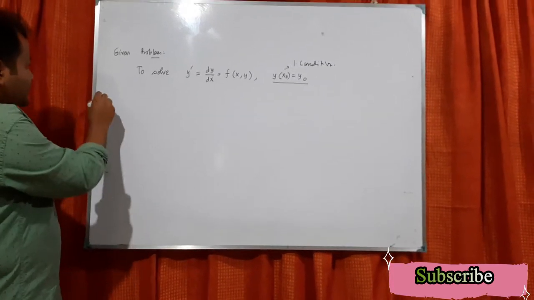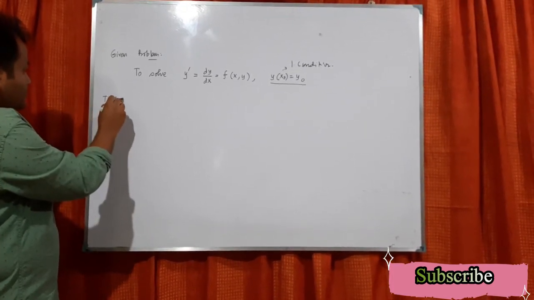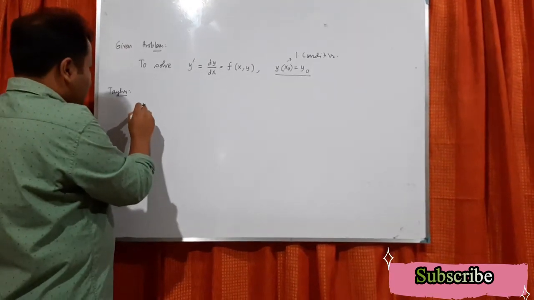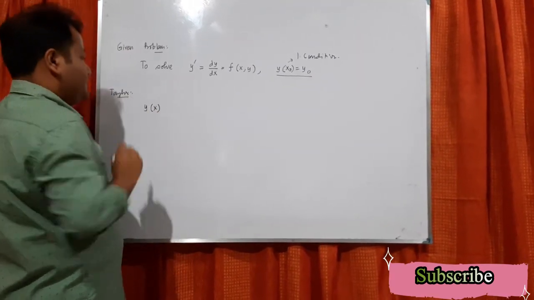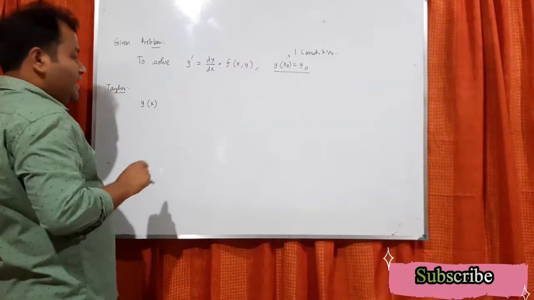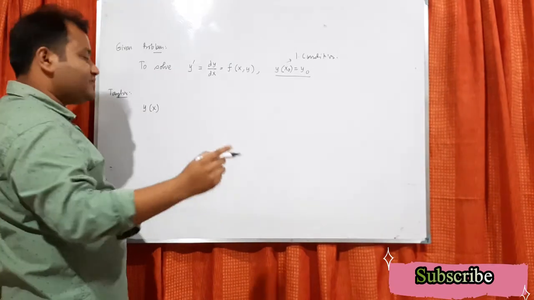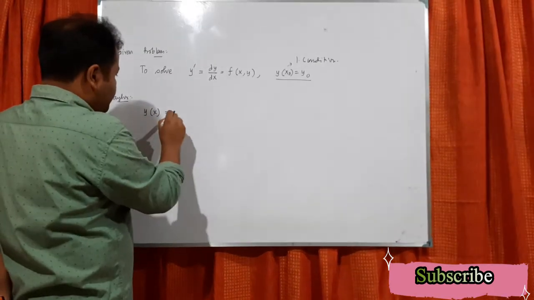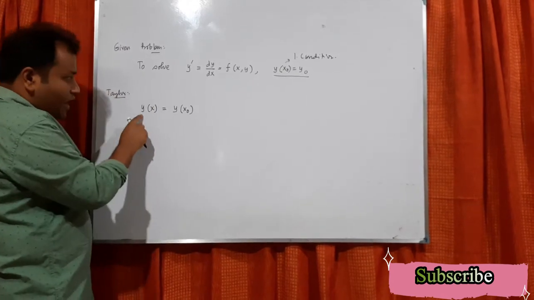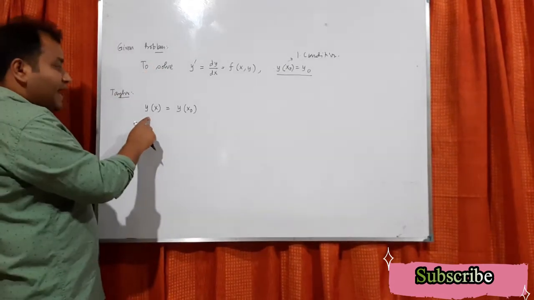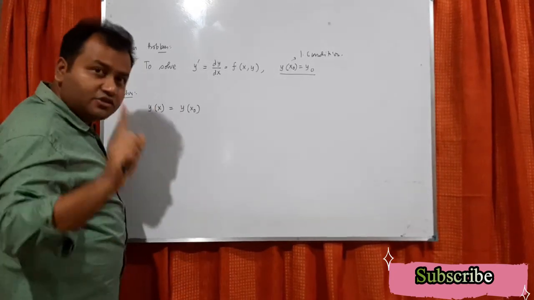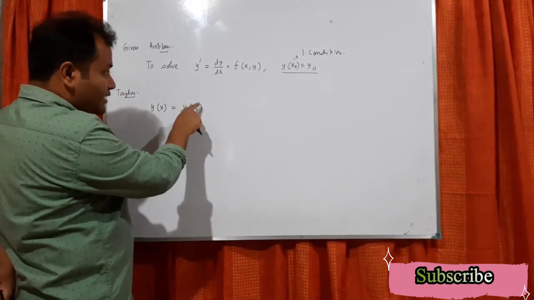Now what is the Taylor series? According to the Taylor series, any function, say y of x, can be written infinitely around any point x naught. So what will be the expression? Y of x naught. What I am telling is that y, or any function, can be written infinitely around the point x naught. That's why x naught should be there within brackets.